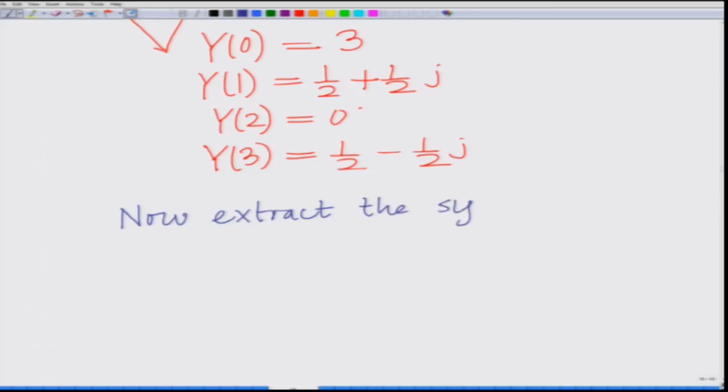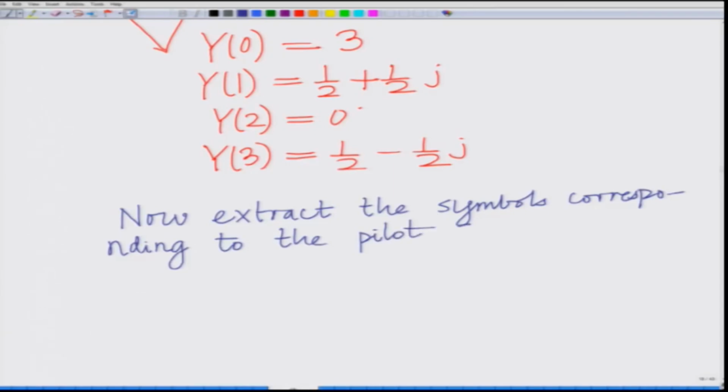Now, we extract the symbols corresponding to the pilot subcarriers, that is, pilot subcarriers are l equal to 1 comma 3.